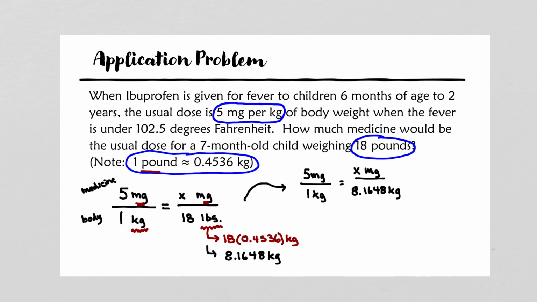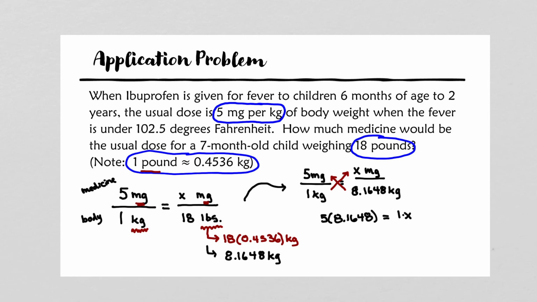How do we solve? Well, we take that proportion, we cross multiply and divide. So I'm going to cross multiply. Ignore our units, right? So we're going to take 5 and multiply it times 8.1648. And then we're going to take 1 and multiply it times x, or just 1 times x.